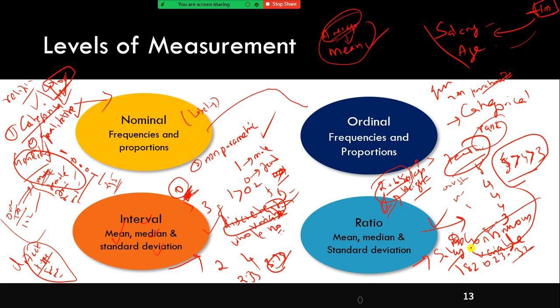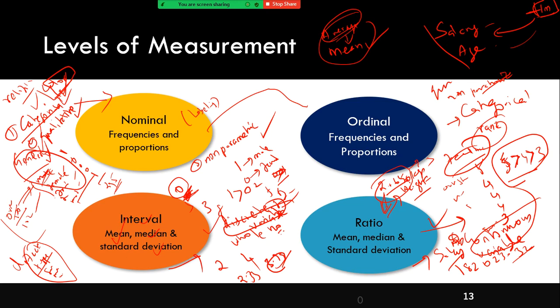Here the 0 is something arbitrary. But in the case of this ratio type of variable, if I say my account balance is 0, that means I don't have anything. The real meaning for 0 comes into picture here. Whereas in the case of interval, the classic example is temperature. If I say 0 degree temperature, that doesn't mean there is no temperature at all. So that is what you need to remember.